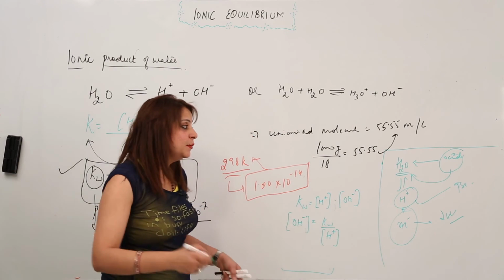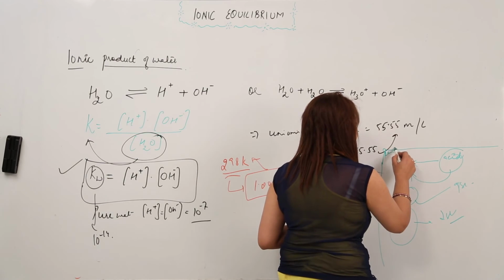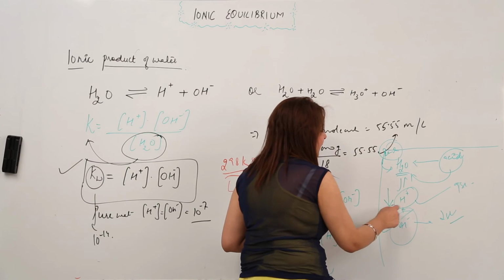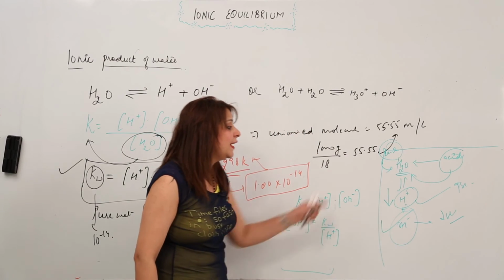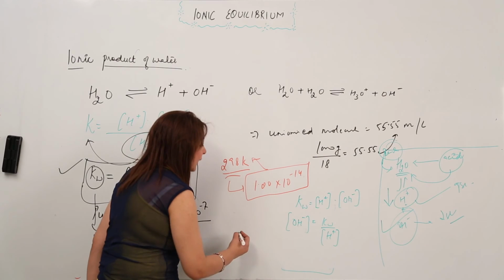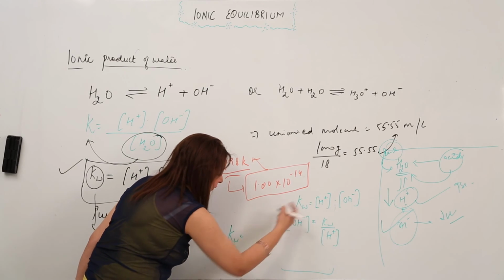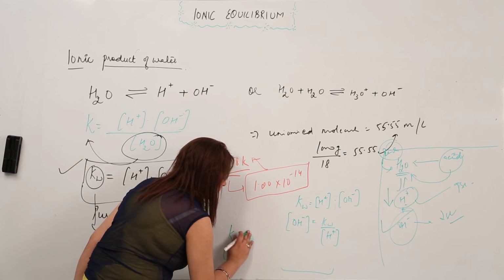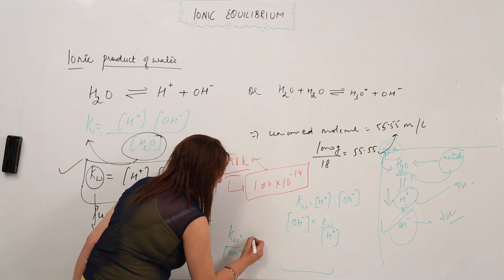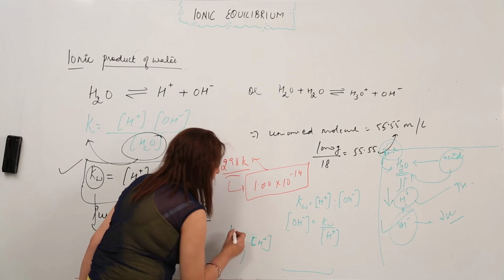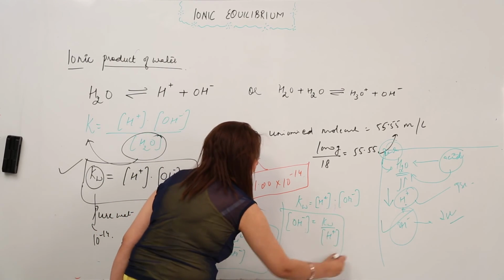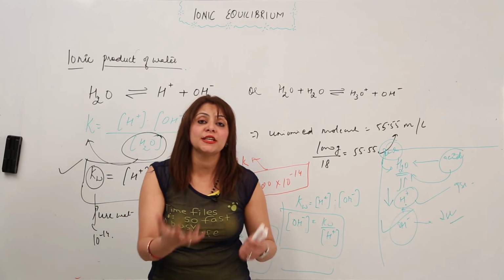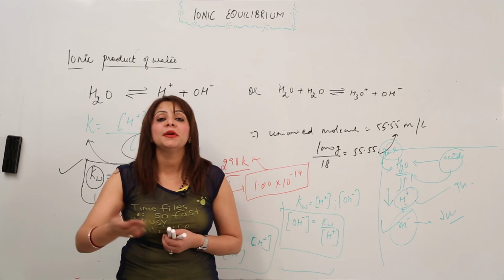Similarly, if I add some base to it, then the concentration of hydroxide ion will increase and the hydrogen ion will decrease. To know the decrease in the hydrogen ion, I take Kw divided by the hydroxide ion, which gives the concentration to which the hydrogen ions get lowered. By these expressions we can know the concentration of the respective ions which gets lowered or increased when some other substance is added.